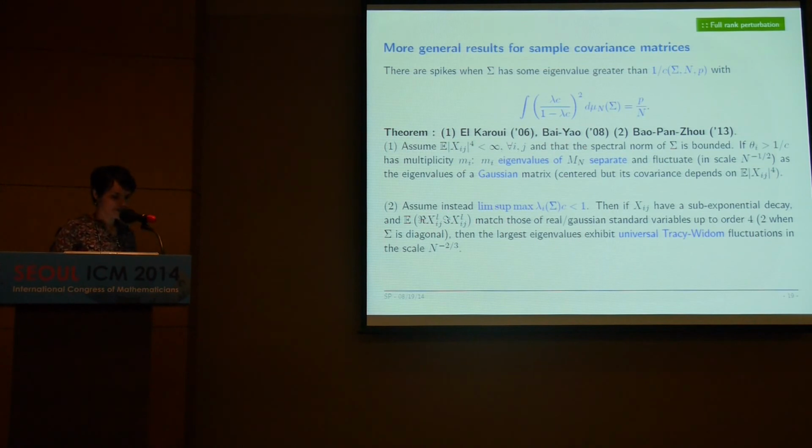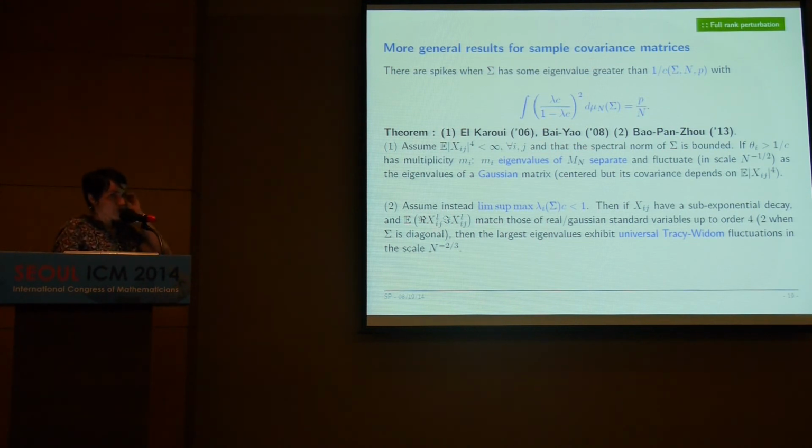So I didn't speak about sample covariance matrices, but I would just like to say that for sample covariance matrices, both in the low and full-rank case, we have a much better understanding of asymptotic behavior of the largest eigenvalues. Actually, this is a result of Bai and Yao, that we know the condition so that there are outliers. We know that the outliers fluctuate in the scale n^(-1/2), and the fluctuations are necessarily those of the eigenvalues of the Gaussian matrix.